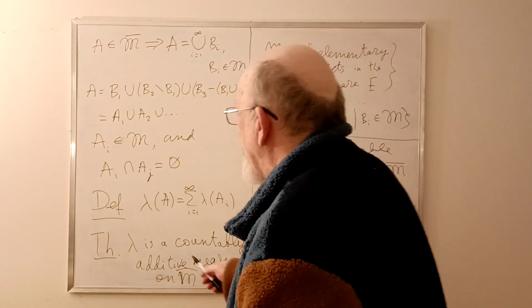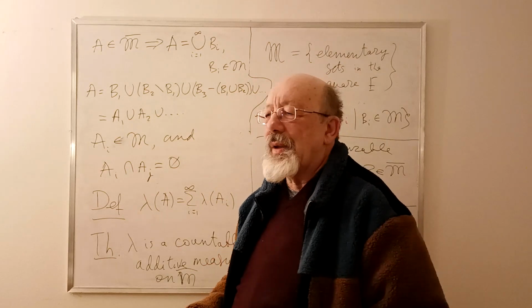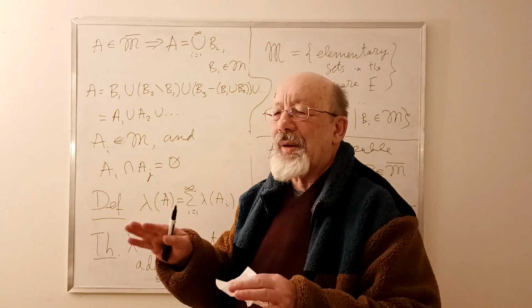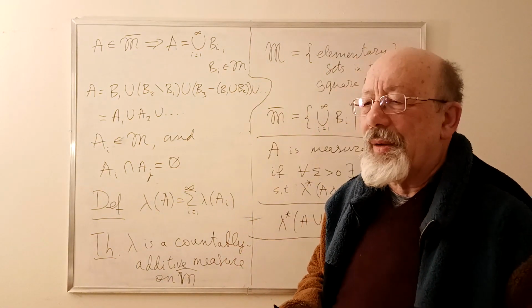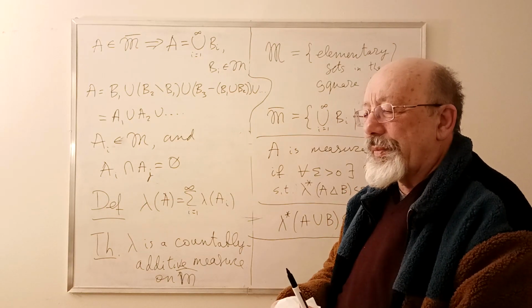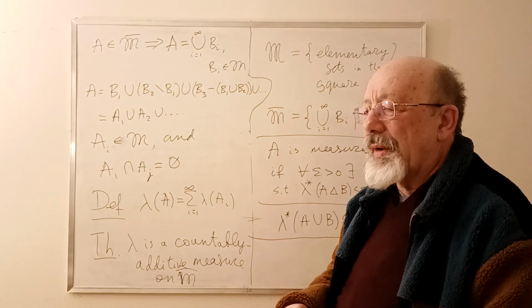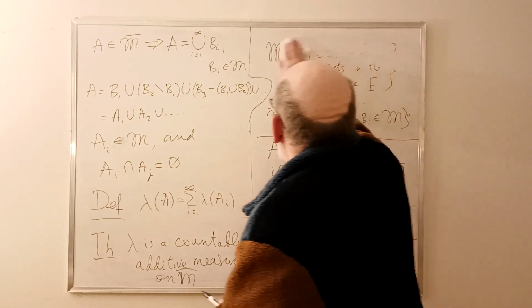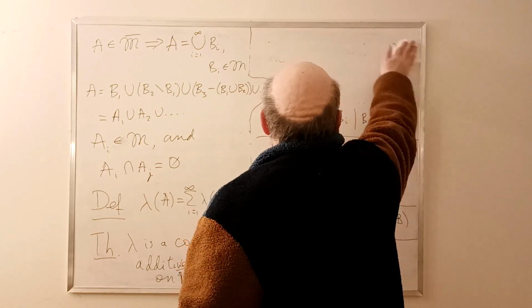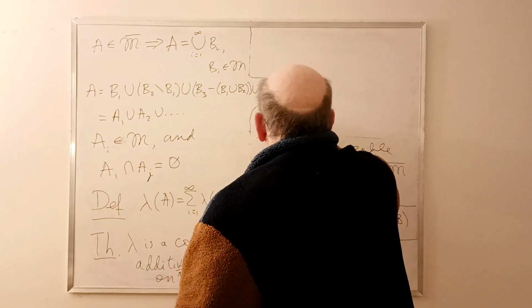So we have already a measure lambda, which is defined on some sets in the plane. A little later we'll see what this set is. Now we can go to the whole plane R2.